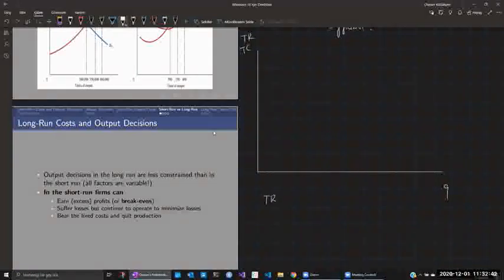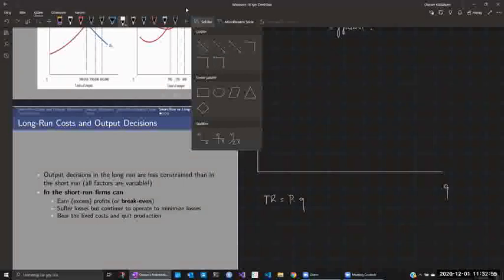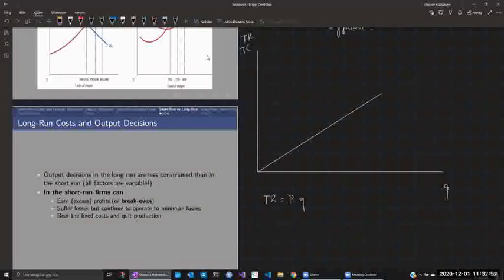What was total revenue? It is increasing, so it was P times Q, right? Exactly. So it's a linear line which has a positive slope equal to P, right? That is perfect. So then this is my total revenue. Now for simplicity, let's assume that there is no fixed cost, so it is equal to 0 without loss of generality.